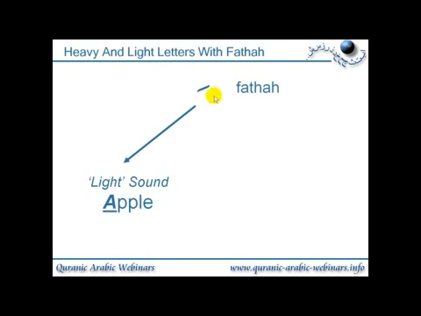So far we've learnt that when you put fatha on a letter, you get an a sound, and that's the a as in apple. And the majority of all the letters with fatha give an a sound. However, there are certain letters which give a heavy sound. So when you put fatha on those letters, instead of giving the a sound, it gives an r sound as in art. So we're going to see the difference in here, the a or the r.